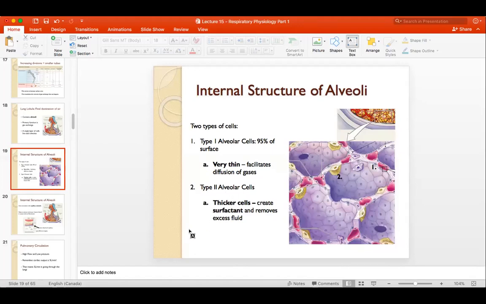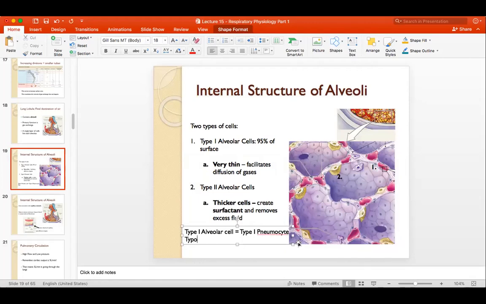I just want to make one note here that will be on your slides. A synonymous term with a type 1 alveolar cell is a type 1 pneumocyte. Pneumo means air, so it means an air cell, which is part of the lung.